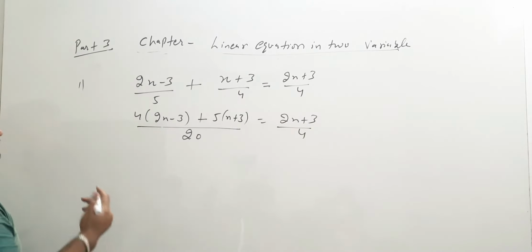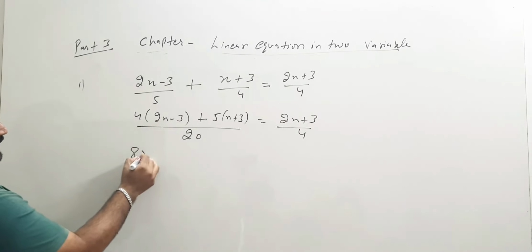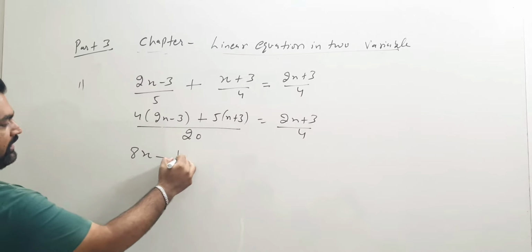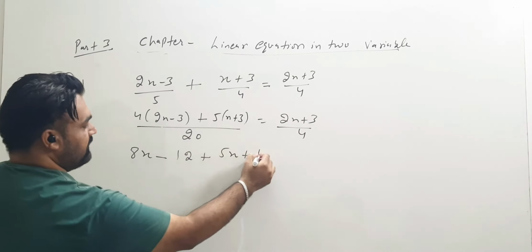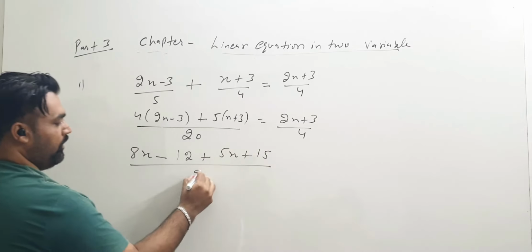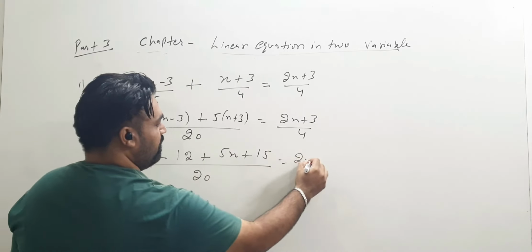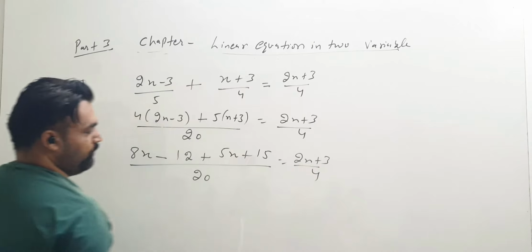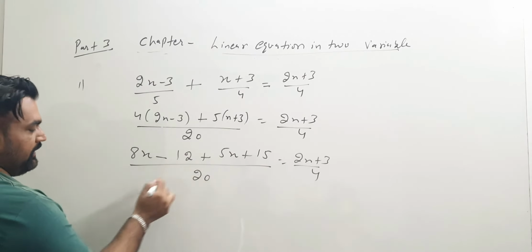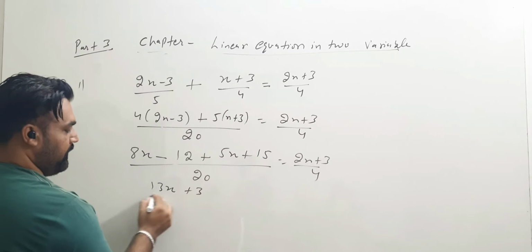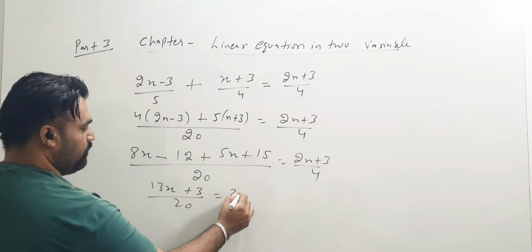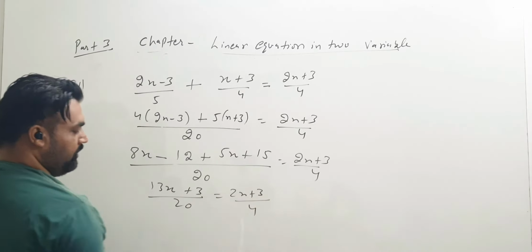Now solve the brackets. 4 multiplied by 2x, 8x. 4 multiplied by 3, 12. 5 multiplied by x, 5x. 5 times 3 is 15, upon 20 equals to (2x plus 3) upon 4. Now 8x plus 5x, 13x, minus 12 plus 15, 3, upon 20 equals to (2x plus 3) upon 4.